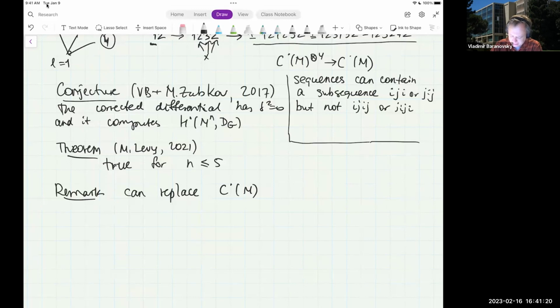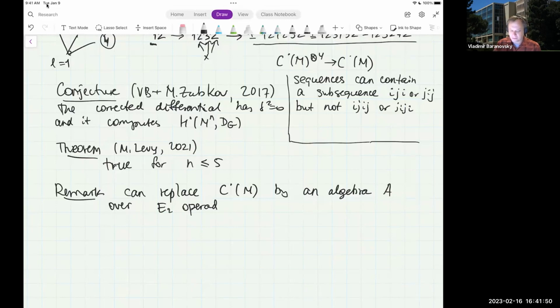We can replace these cochains by an algebra A over the E2 operad. It's not my intention to go into operads and algebras over operads, but for our purposes, they're associative DG algebras with additional operations.